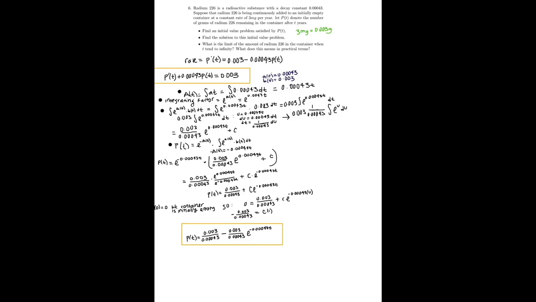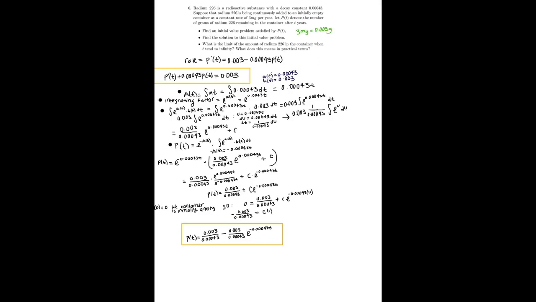From there, I distributed e to the power of negative 0.00043t, and I got 0.003 divided by 0.00043 times e to the 0.00043t divided by e to the 0.00043t, plus c times e to the negative 0.00043t. Since there's an e to the 0.00043t at the top and the bottom, that's just equal to 1.